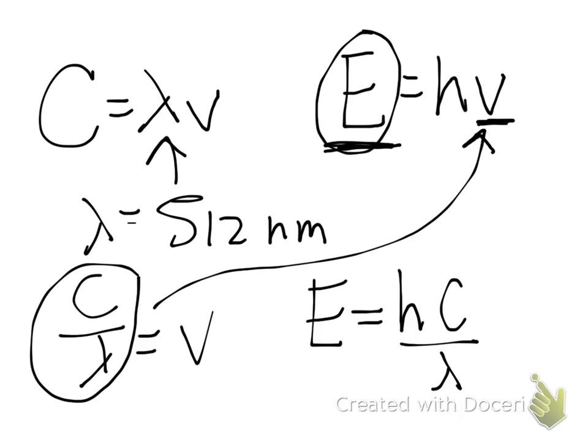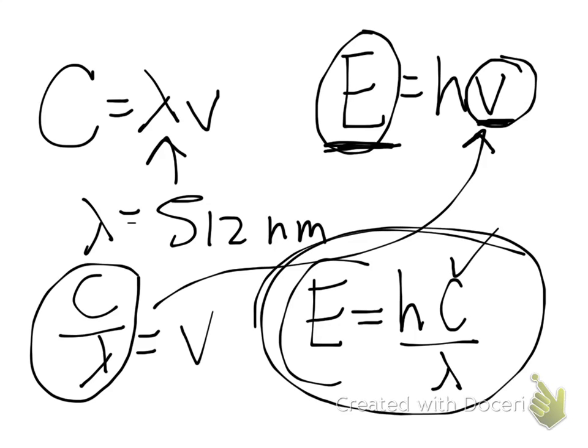And C, of course, is the speed of light. It's a given. It's a constant. We know it. We can look it up. So this is one way that from a given piece of light, without having its frequency, you can find the amount of energy contained in it. Okay?